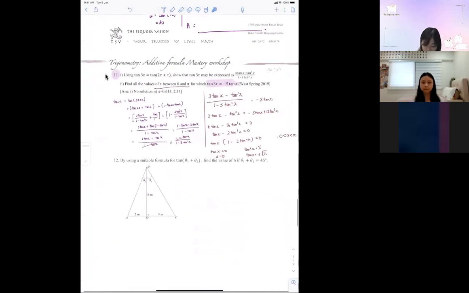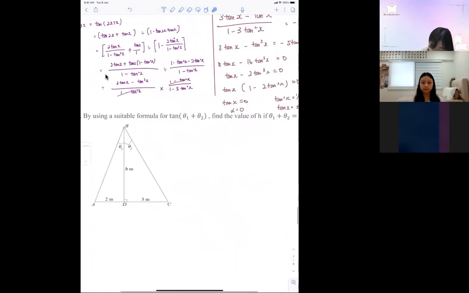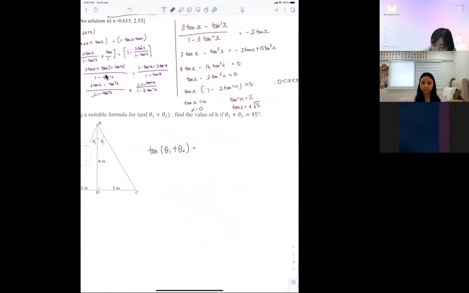The first question tells you to find h if theta 1 plus theta 2 is 45. So tangent of theta 1 plus theta 2. In this case, we split it first. We use the tangent addition formula: tangent theta 1 plus tangent theta 2 over 1 minus tangent theta 1 tangent theta 2.